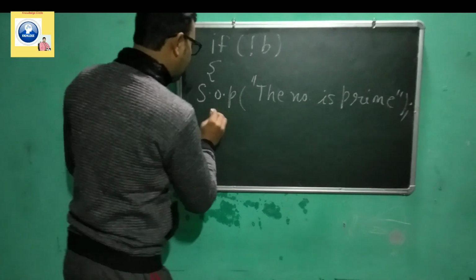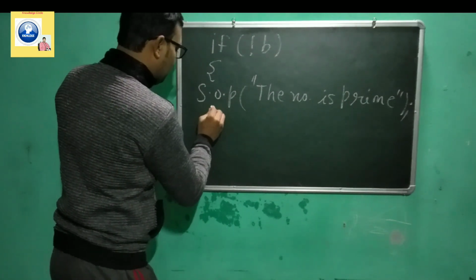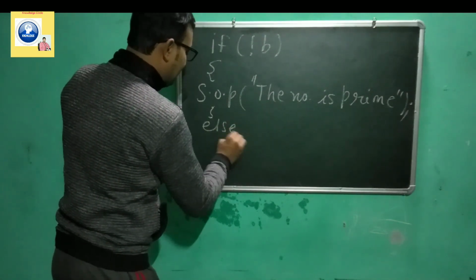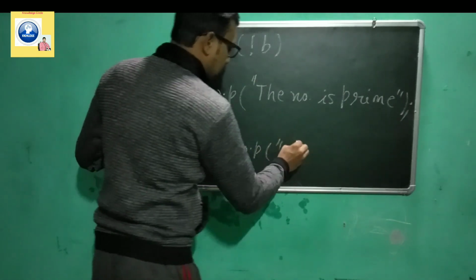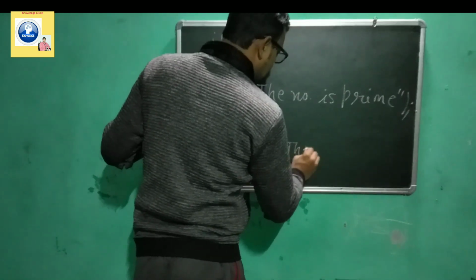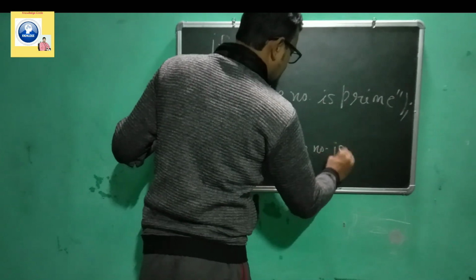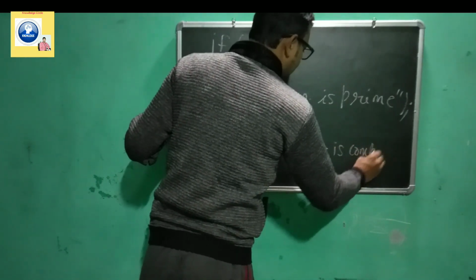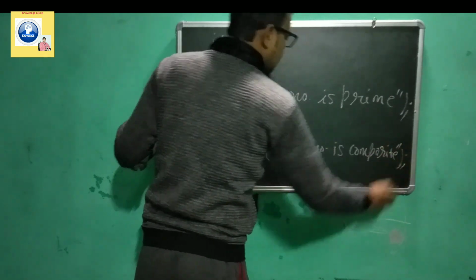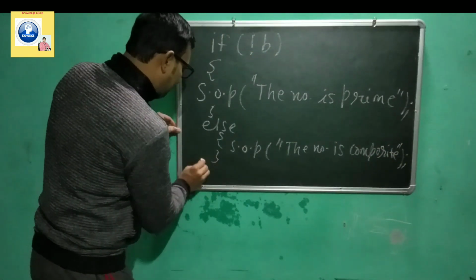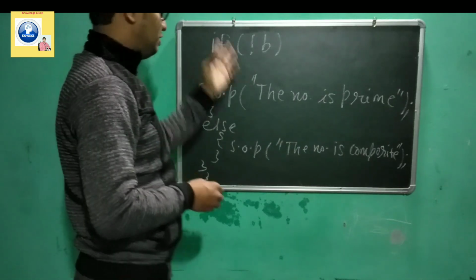Okay, and otherwise what we can do? We can say else System.out.println, the number is composite. Okay, so in this way we complete this program.